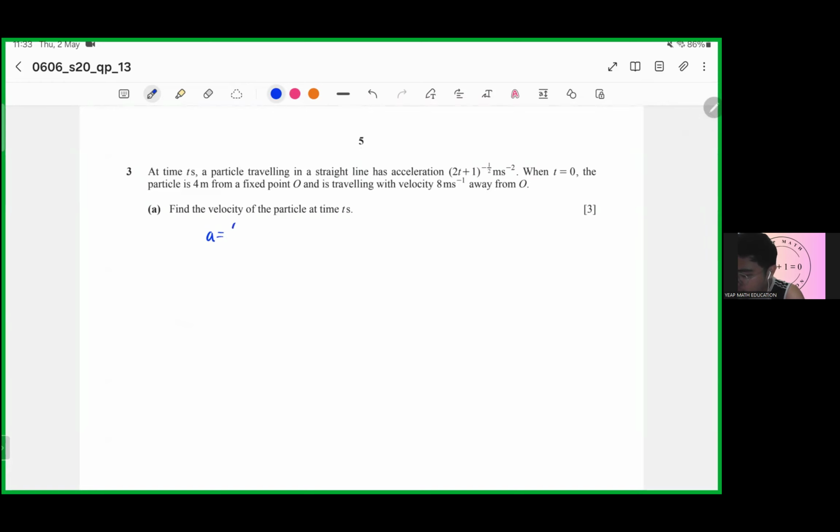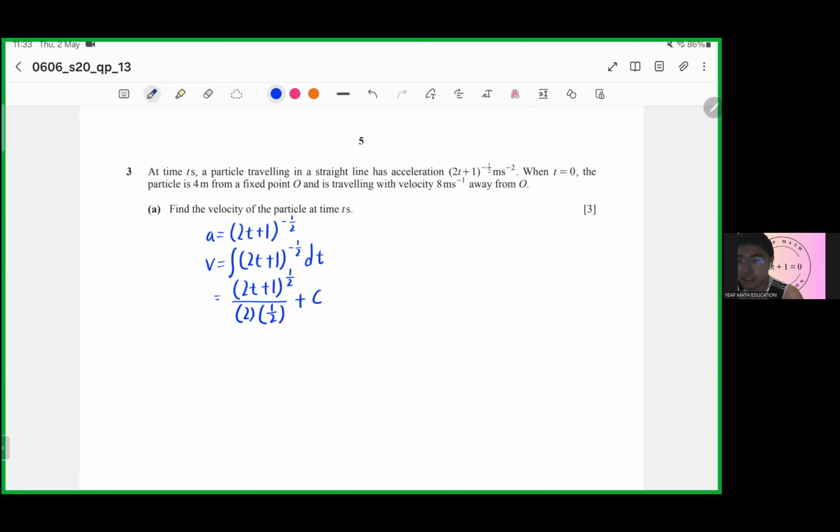So now what we need to do is integrate. Integrate v equals integrate (2t plus 1) to the power of negative 1/2 dt. So we start: 2t plus 1, this negative 1/2 plus 1, we will get 1/2 over, we differentiate 2t plus 1 and then we get 2, and then we copy this plus c.